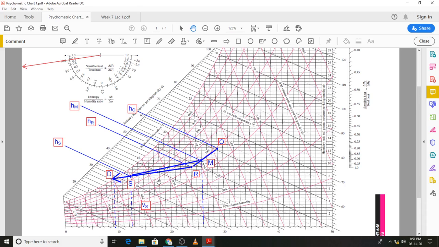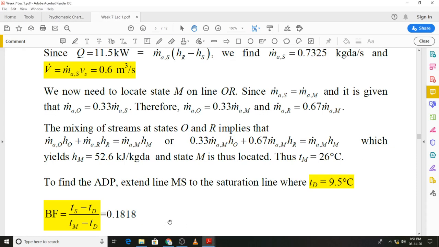And in the denominator you have the ideal cooling range. If the air had been cooled ideally, it would have been cooled from state M to state D. So in the denominator we have Tm minus Td. We have all the temperatures at these states, and once we substitute those values, we will get the value of the bypass factor, which is around 0.182.